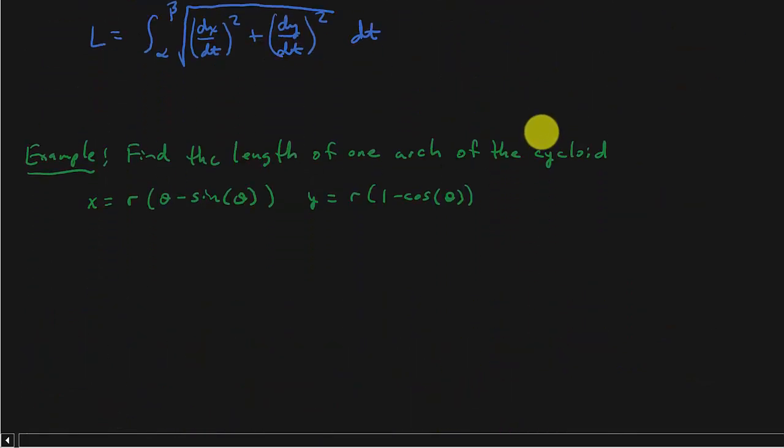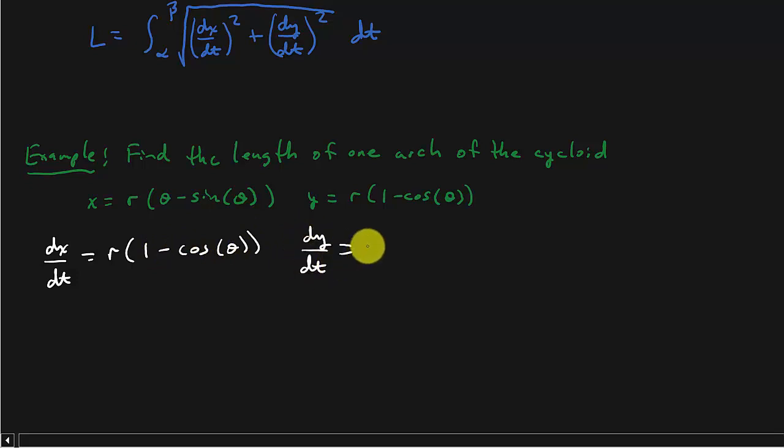So I need dx dt. That's r times 1 minus cosine theta, and dy dt is equal to r sine theta.